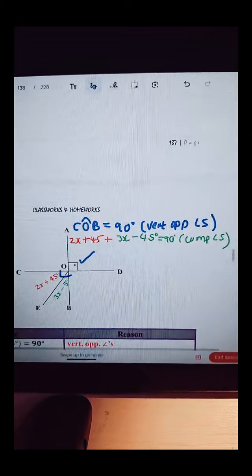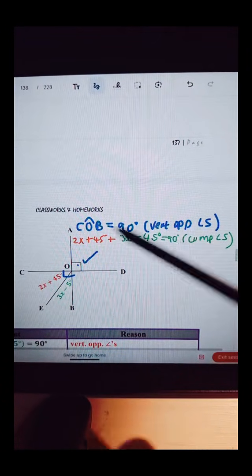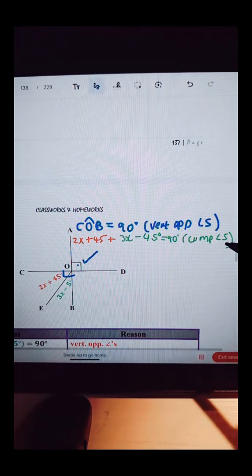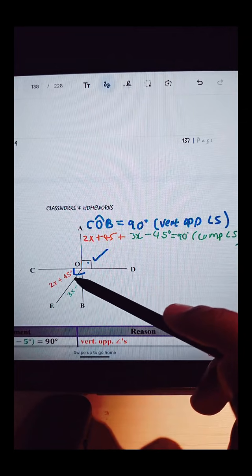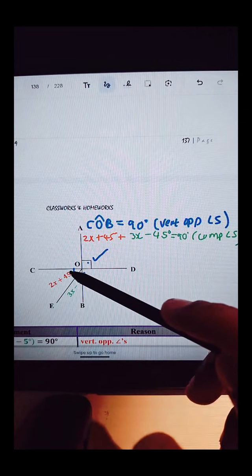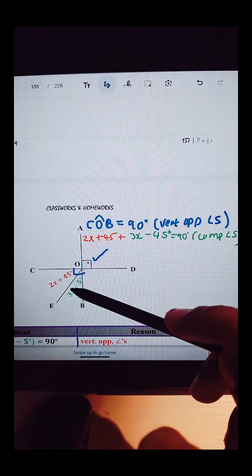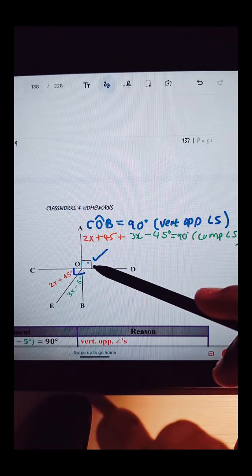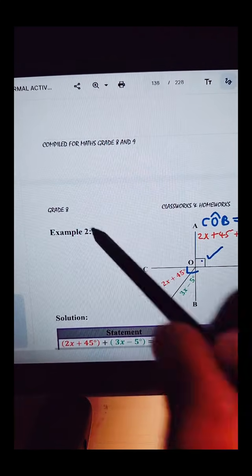So if we are moving from saying angle COB is equal to 90, vertically opposite angles, and then we go ahead and say 2x plus 45 plus 3x minus 45 is equal to 90 degrees, comp angles, that's fine. Someone else could have wanted to shortcut this and say directly 2x plus 45 plus 3x minus 45, which is this entire angle, because the combination of these two gives you this entire angle. And we can say it's equal to 90 directly, reason, vertically opposite angles.